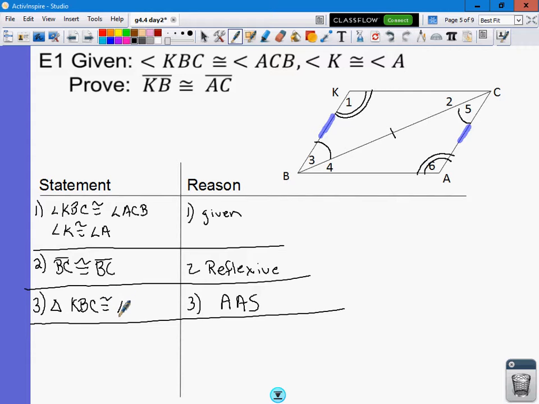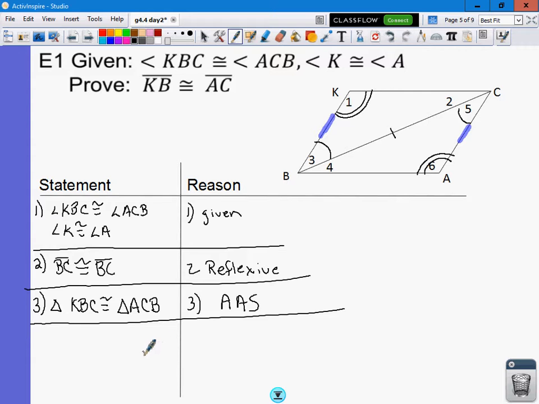That does determine the order of the second triangle. If I went KBC from 2 marks to 1 to none, I've got to go ACB. Okay? Somebody said to go to question? Yeah?